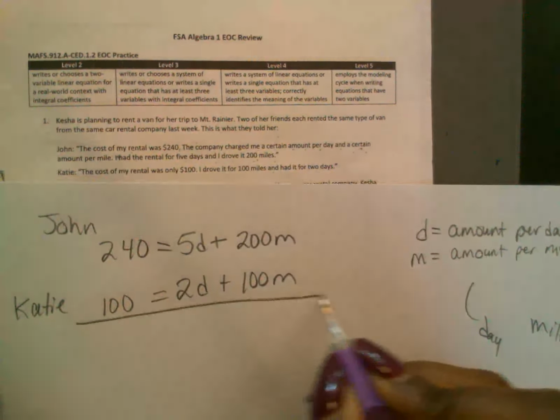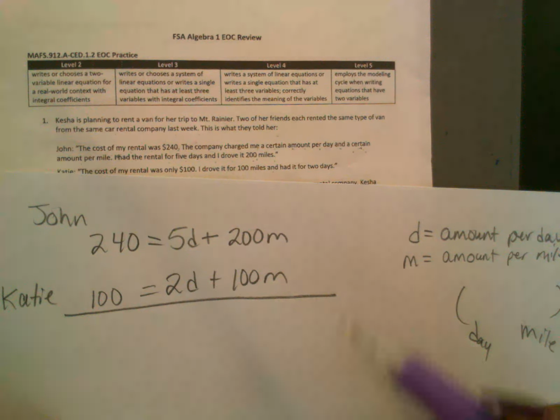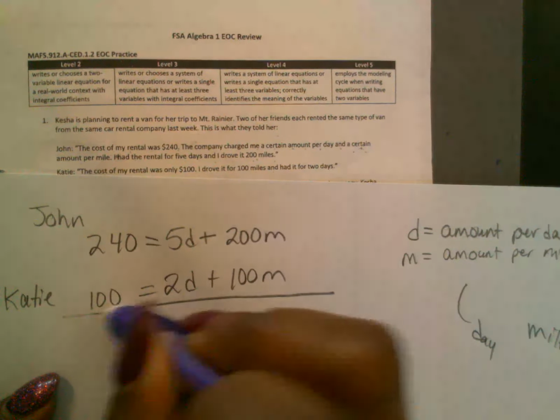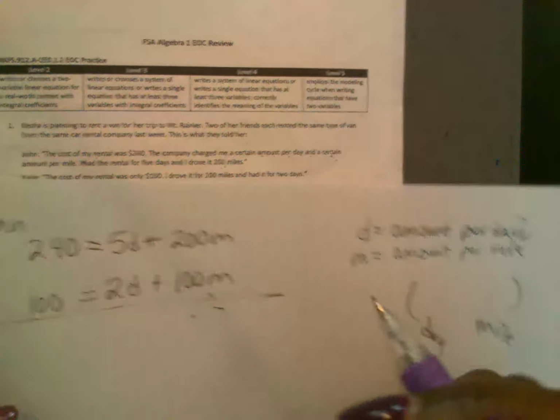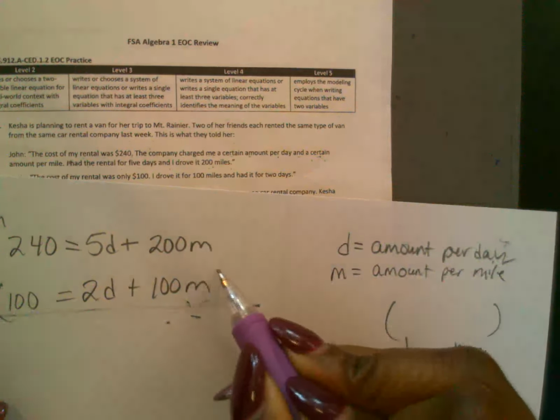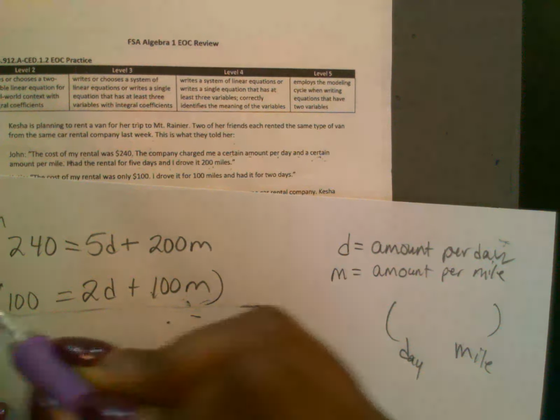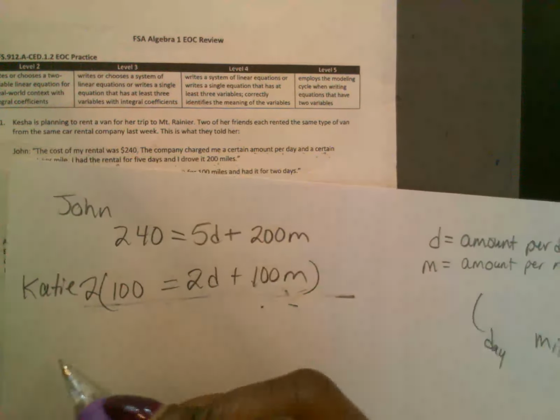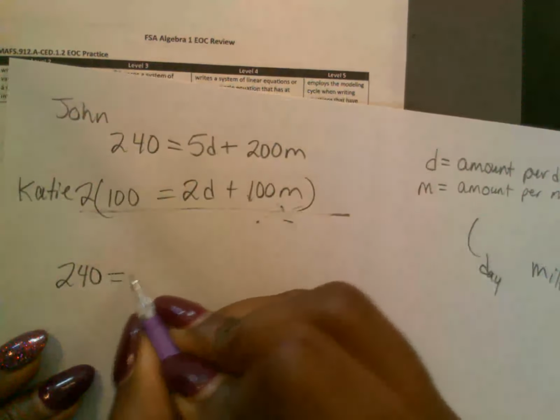Elimination is probably going to be the easiest. I can't cancel out anything yet, but I'm going to cancel out the M's by multiplying Katie's by 2 so that this will be 200. So let's multiply everything by 2. The first equation, John's, can stay the same.